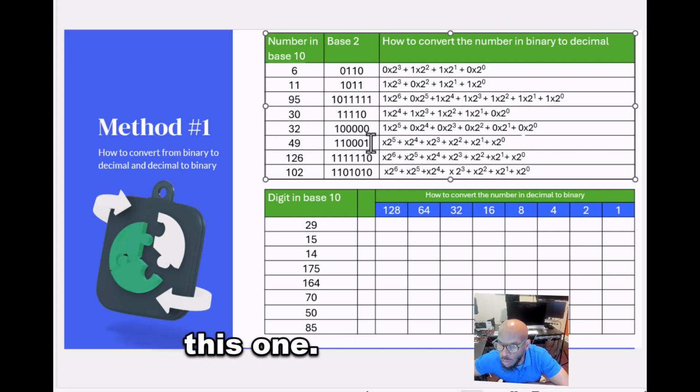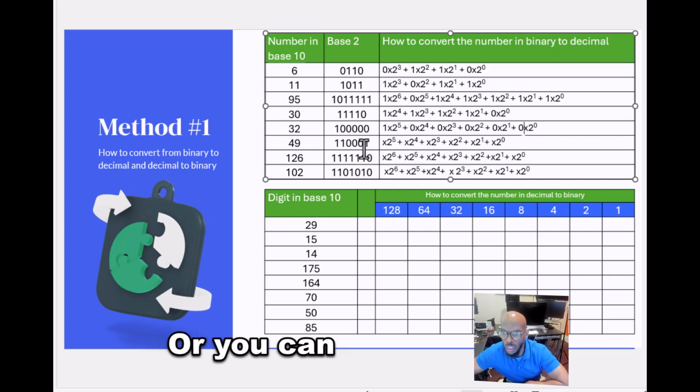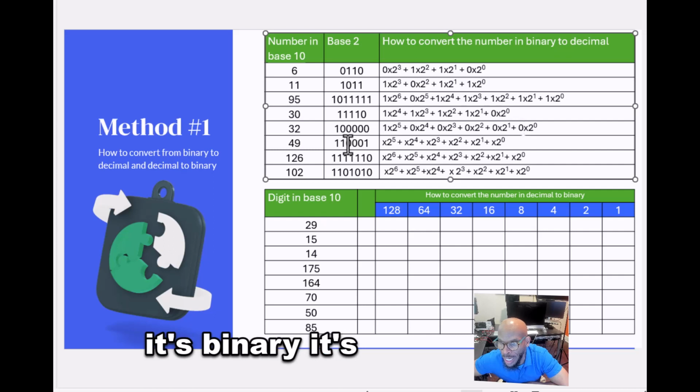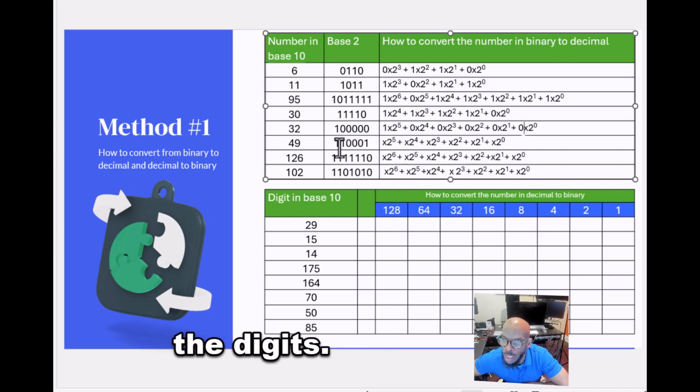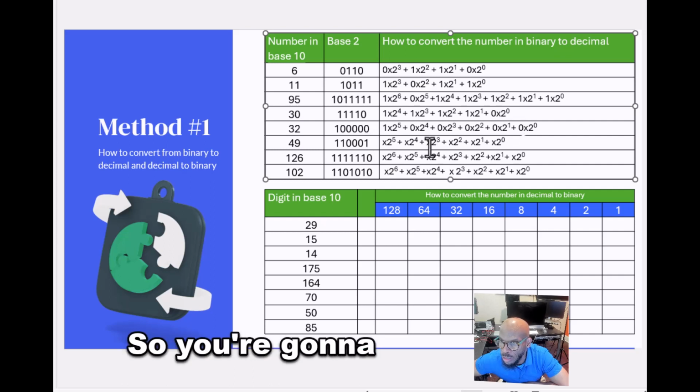Now if we did this one, how many bits? How many digits? Or you can look at it as bits, where if it's binary, it's going to be bits. But if it's another number system, it'll be digits. So how many bits do you have here? 1, 2, 3, 4, 5, 6. So you're going to have 6 weights. You're going to have 32, 16, 8, 4, 2, 1 for your weights.